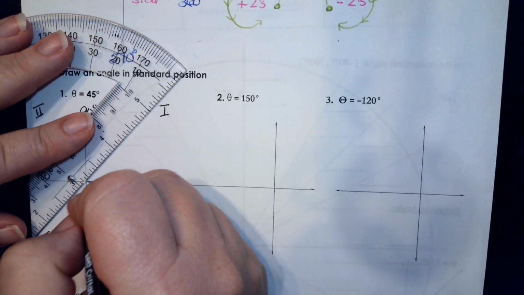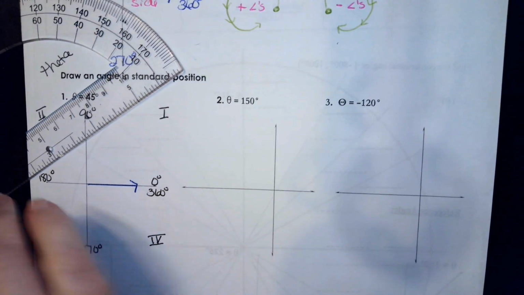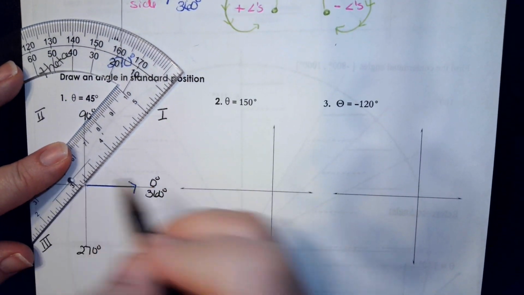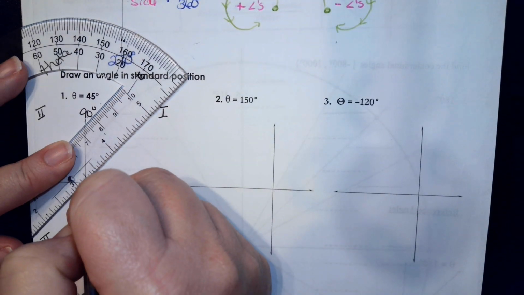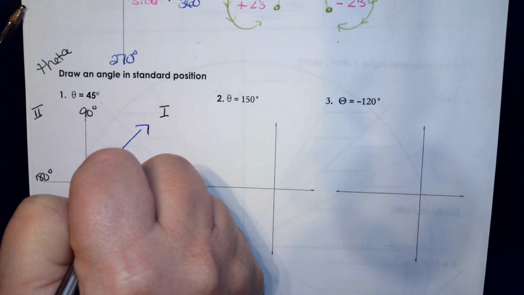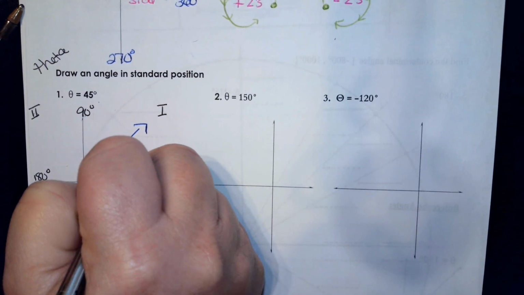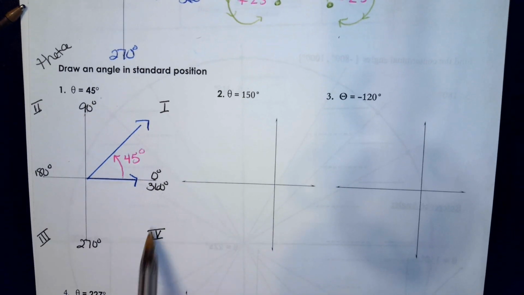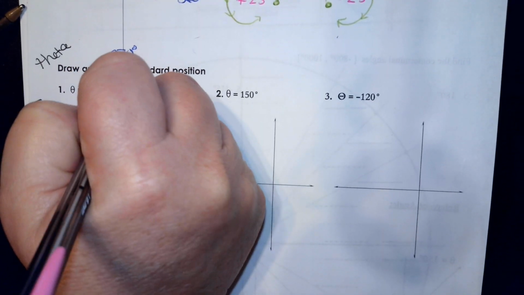So we're going to draw our angle right here. 45 is halfway between 0 and 90. So we're just going to draw this in. And we got our angle of 45 degrees. Now, this one was opening to the left, so that again was counterclockwise.